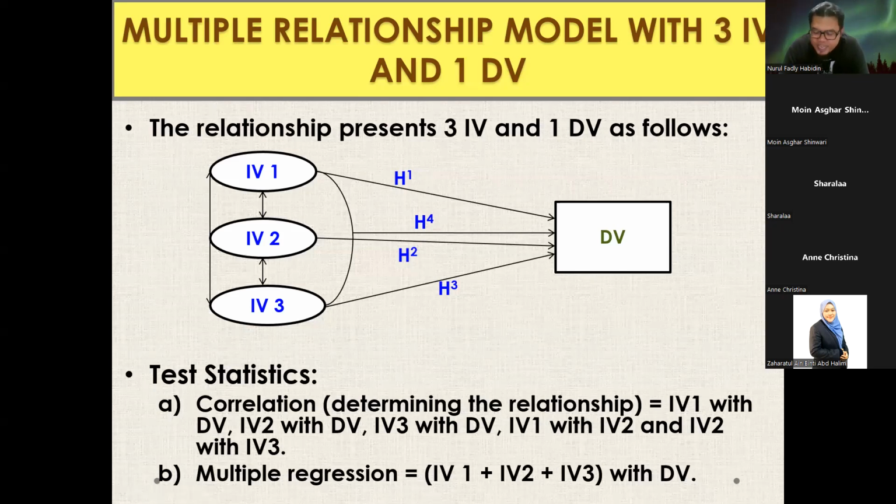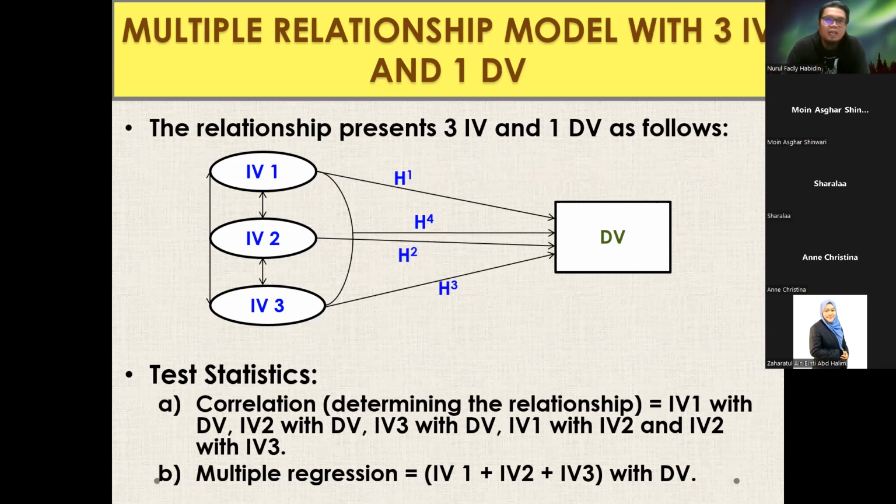But the combination of IV1, IV2, and IV3, we call that multiple. Multiple means combining IV1, IV2, and IV3 together towards DV. This represents hypothesis number 4: the combination of IV1, IV2, IV3 tests the relationship towards the dependent variable.